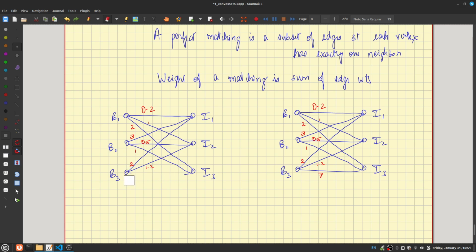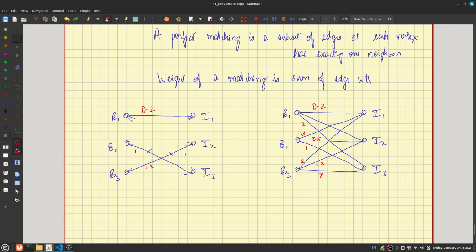Suppose I decide to allocate item 2 to buyer 3, maybe item 3 to buyer 2, and item 1 to buyer 1.